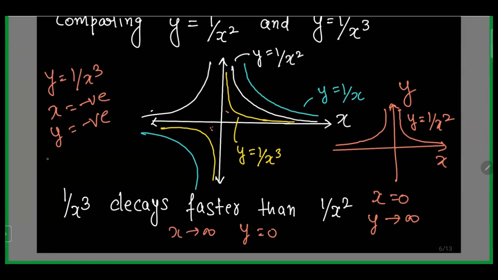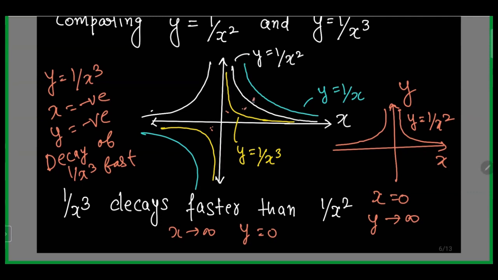Also, the decay of 1 by x cube is fast. So 1 by x cube will decay very fast, but 1 by x square will decay slowly. Why is this the case? Because of the x power. If the x power is more, the decay will be very fast. So we can clearly see the yellow is decaying much faster than the white.